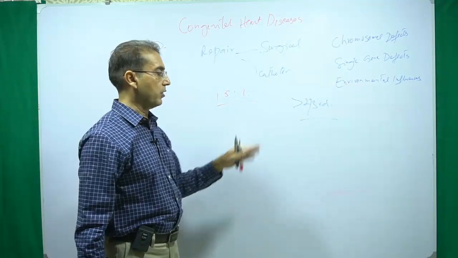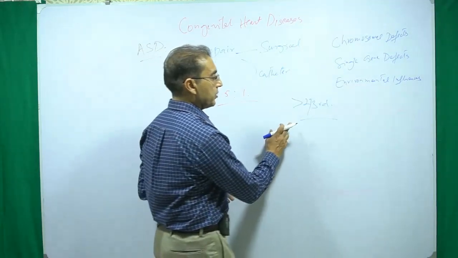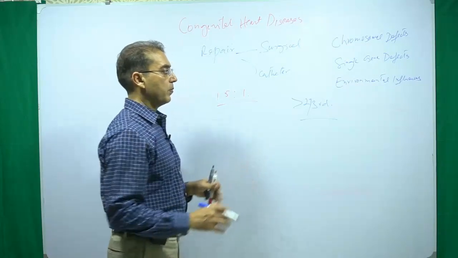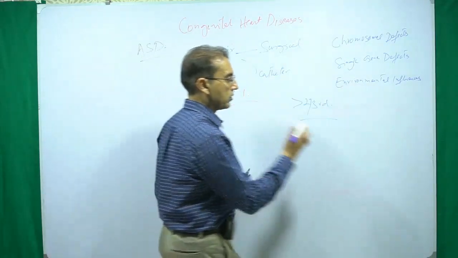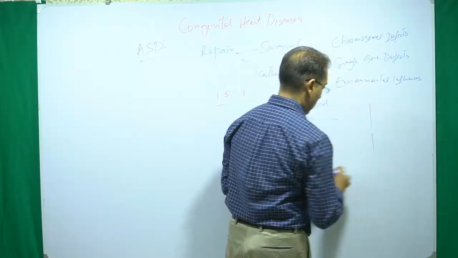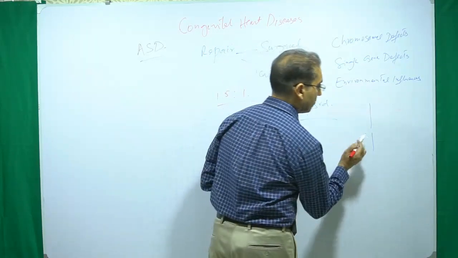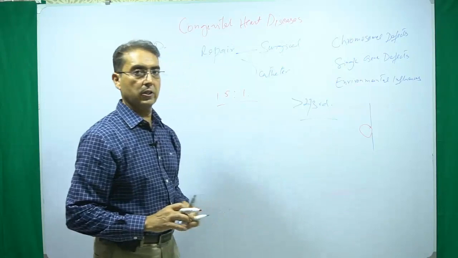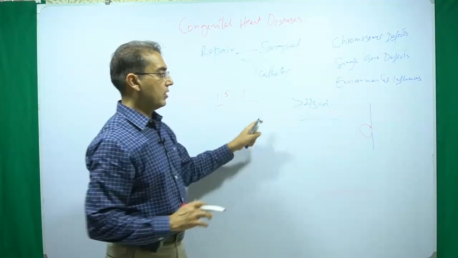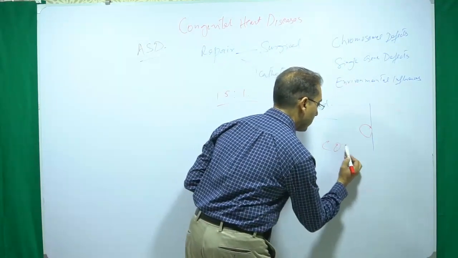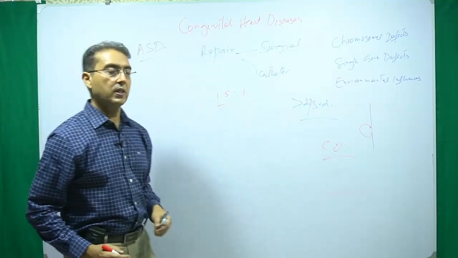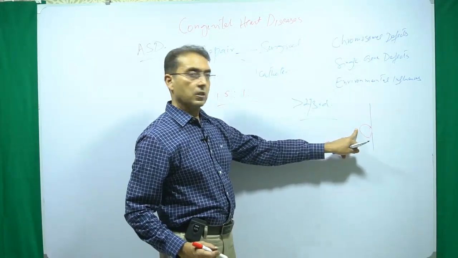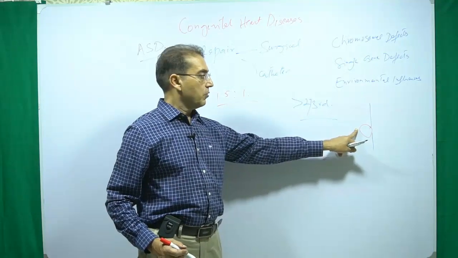So in some patients, if we temporarily occlude the defect, for example, this is a defect, and we place a balloon here, we temporarily obstruct this lesion and see if the cardiac output is maintained, it does not drop, then this shunt is worth repairing. This is one study we do before we repair.